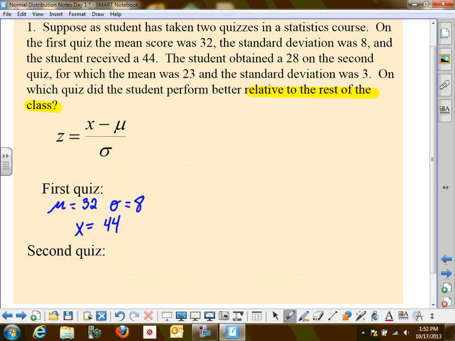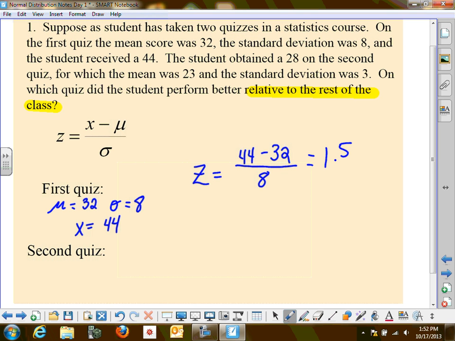Let's find out how many standard deviations above average. So that's a z-score. Let's see how far their score of 44 is away from the average in terms of standard deviations. That comes out to 1.5. Now you could do that math there.